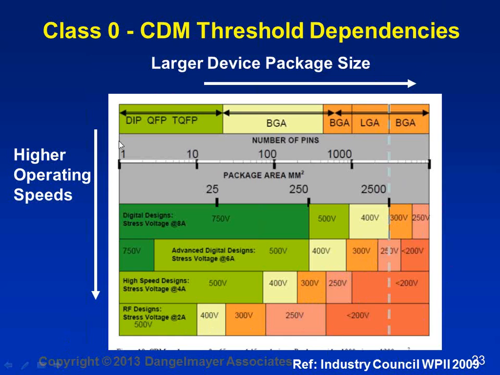Large components physically at higher operating speeds. Again, this was work done by the Industry Council, and it's a reasonable way to make an engineering approximation, but there's no substitute for getting the actual withstand data from your IC suppliers. I would encourage you to go after it and let them know that we need it, because they're coming back saying nobody's asking for it.